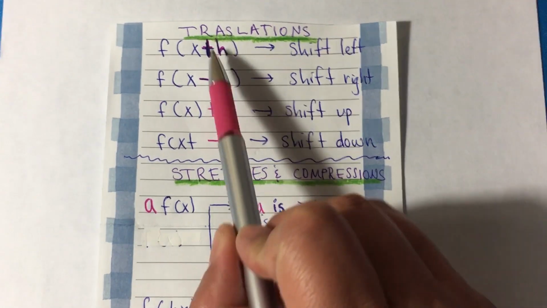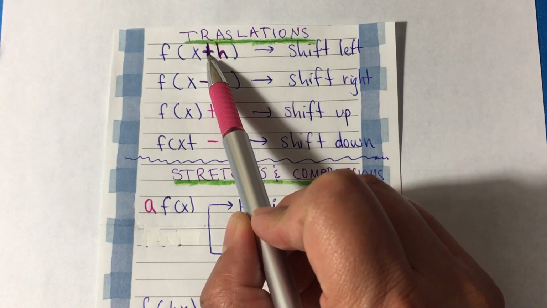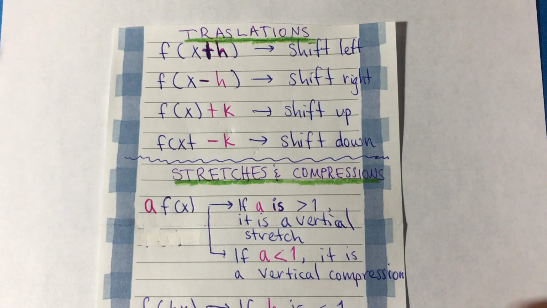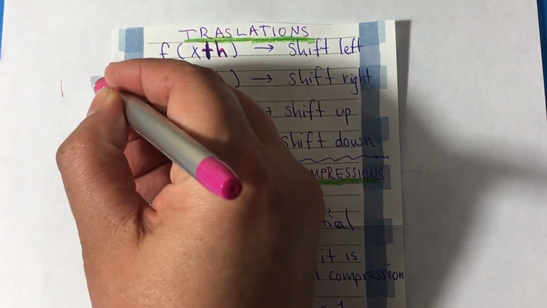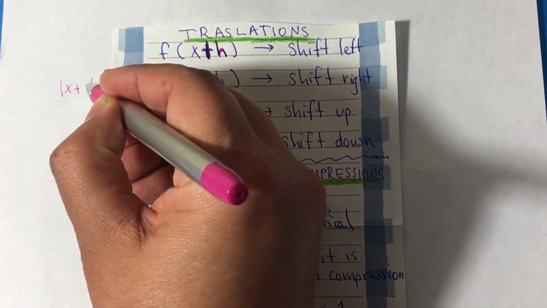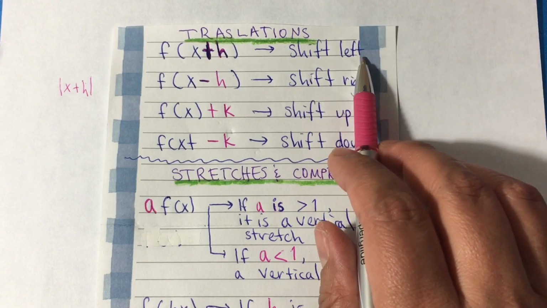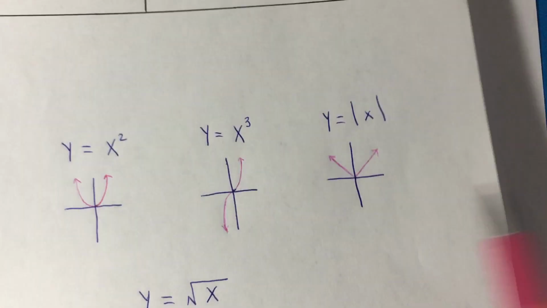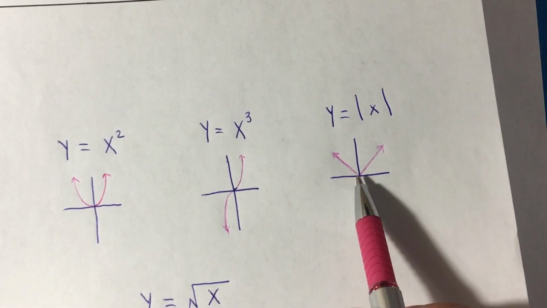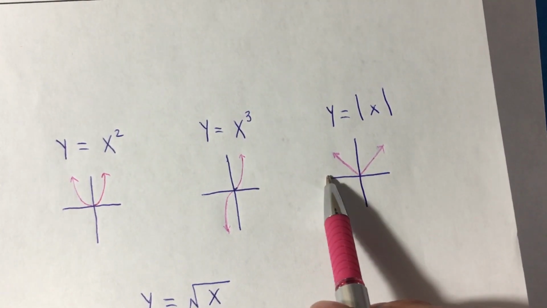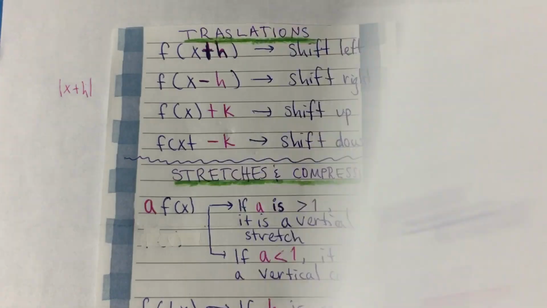And so whenever you're adding plus h inside of a parenthesis, or inside of the absolute value, and it can be any number in here, like x plus 5, it just means shift left. So for the absolute value, this means that you would move this graph 5 spaces to the left, 1, 2, 3, 4, 5, and then from there you would do the graph.